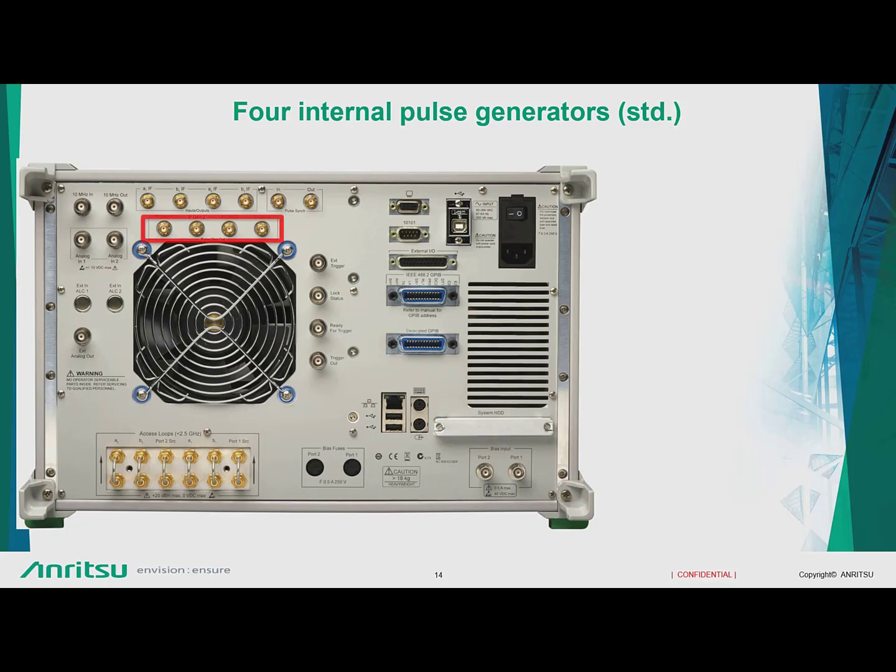You can use these pulse generators to send a pulse signal to your DUT, and I'm going to tell you in the next few slides that you can transmit a singlet pulse, a doublet pulse, triplet, quadruplet, and even a burst kind of signal, to characterize various subsystems.